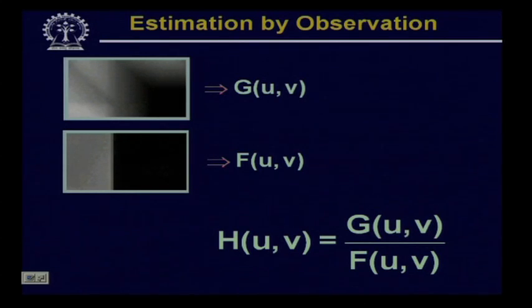And obviously, here the degradation function in the Fourier domain is given by H(u,v), which is equal to G(u,v) by F(u,v). And you remember that in this case the division operation has to be done point by point. So, this is how the degradation function can be estimated by observation when only the degraded image is available.